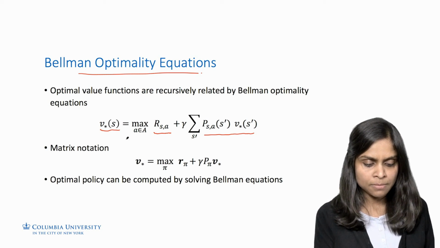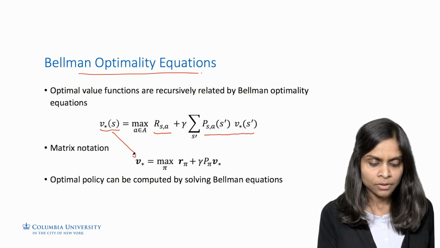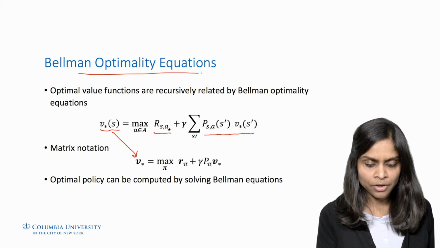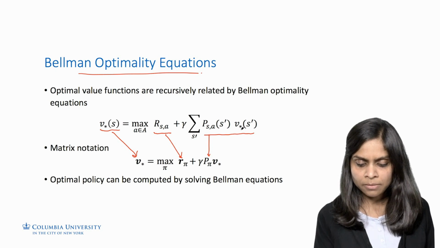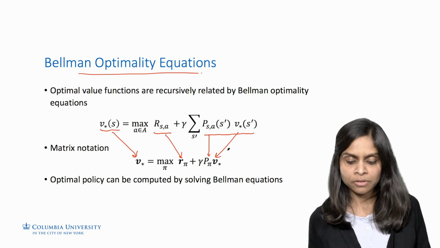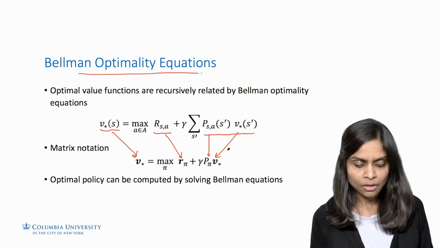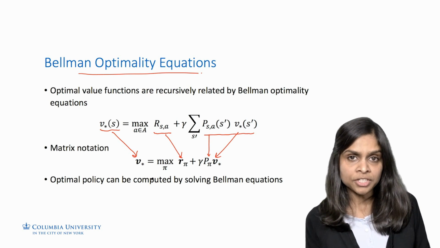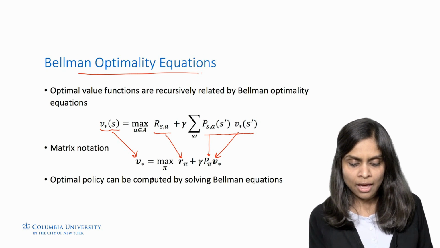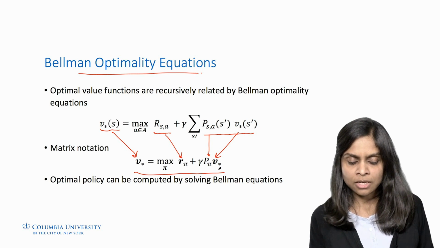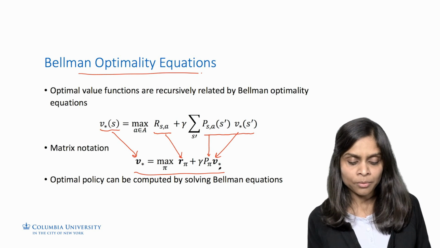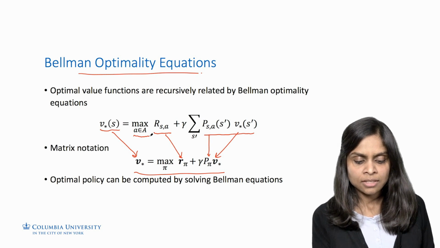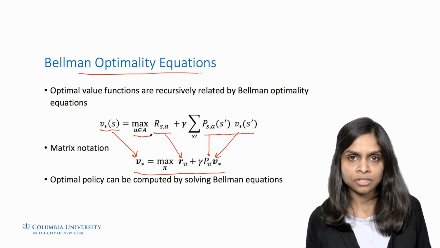This can be expressed in matrix notation as before, where we will use value vectors, immediate reward vectors, transition probability matrix, and optimal value vector again. So then optimal value functions can in fact be computed as a fixed point of this equation. An optimal policy can then be found as the actions that achieve this maximization here.